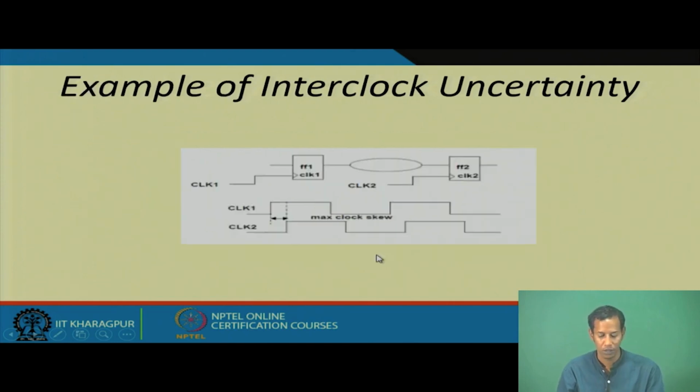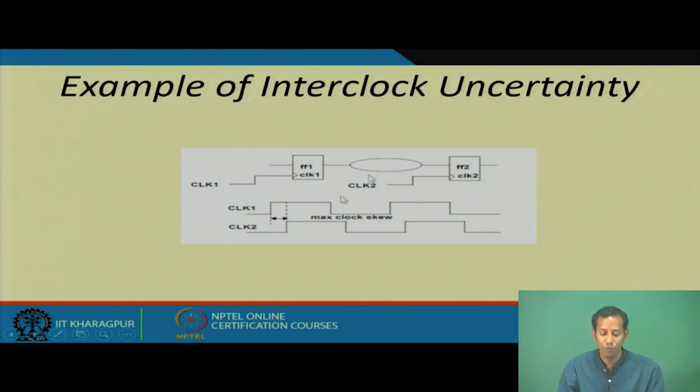Okay. Now, whenever we have interclock uncertainty, you may see that clock 1 is arriving like this, and the edge of clock 2 has some difference. That is the maximum clock skew.